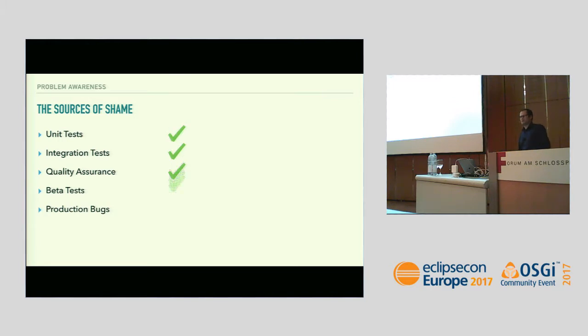We have beta users who are really friendly and report everything that doesn't work well, which might have slipped through quality assurance. Together with the unit tests, we're mostly fine. Anyway, we're all developers. We know sometimes there are even bugs in production that made their way through all these four steps before.